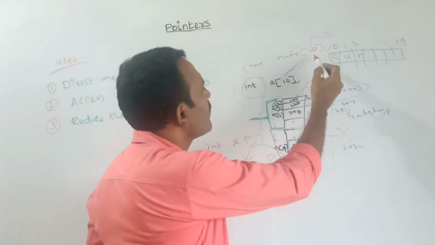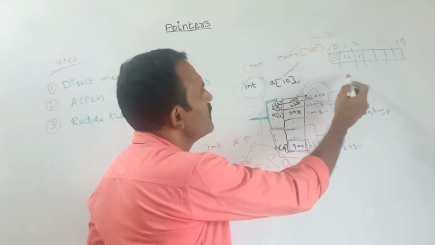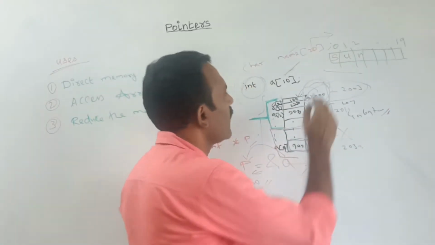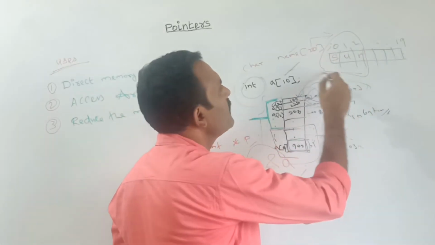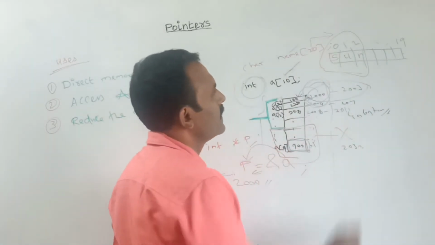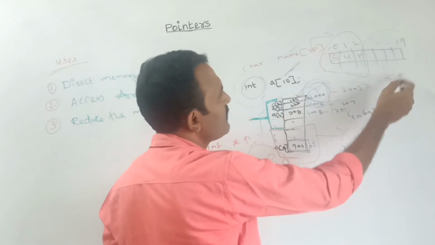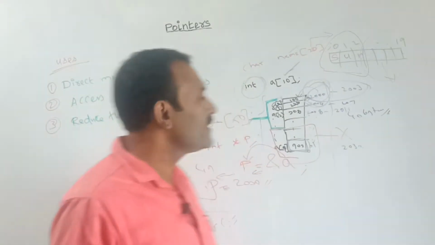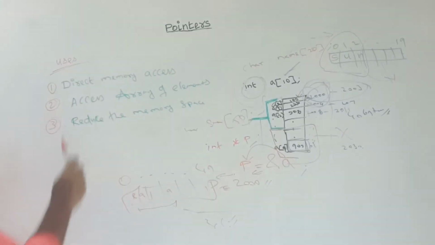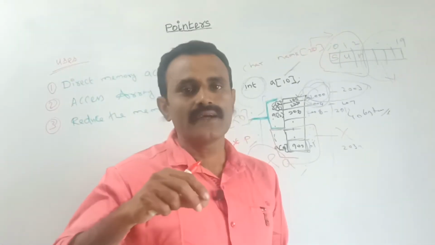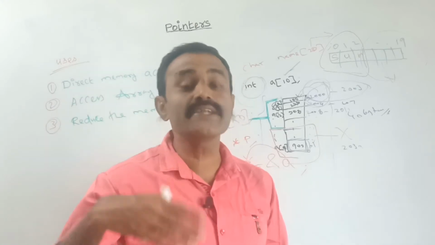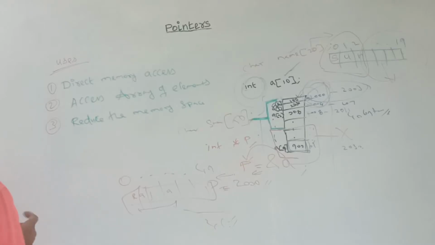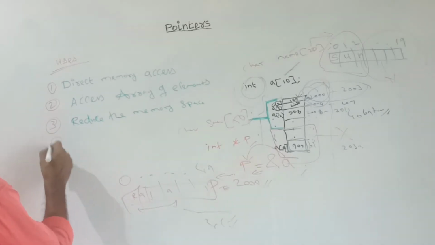Here you have declared how many spaces? 20 spaces. Out of this 20 spaces, I had stored only 3 bytes. Remaining, totally 17 bytes were wasted. Avoid such kind of free space. Then by using this pointer variable, I can dynamically allocate the memory for the variables and store the values. The next is dynamic memory allocation.